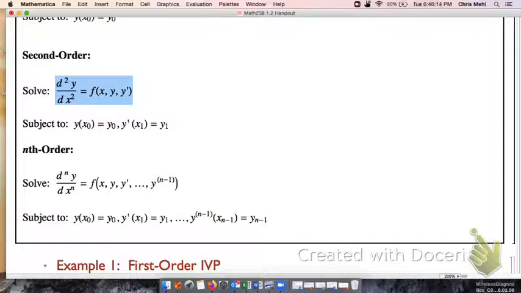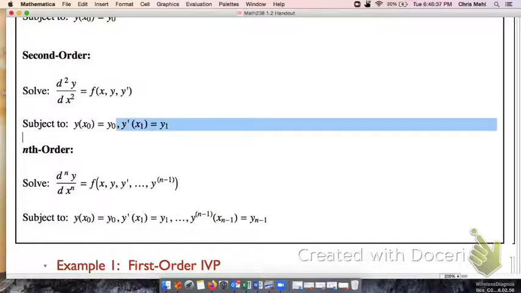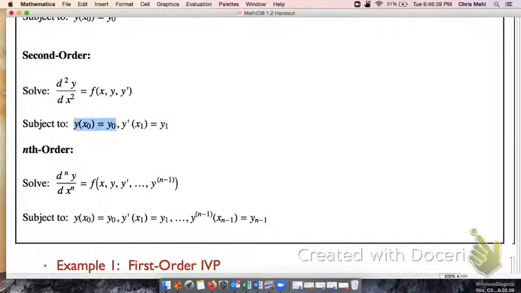So you would need two conditions to determine those constants: a value of the function y and a value of its derivative. Now hopefully you're starting to see the pattern. For a second order differential equation, to find a particular solution, you would need to know two initial conditions, a value of the function y itself and a value of y prime.